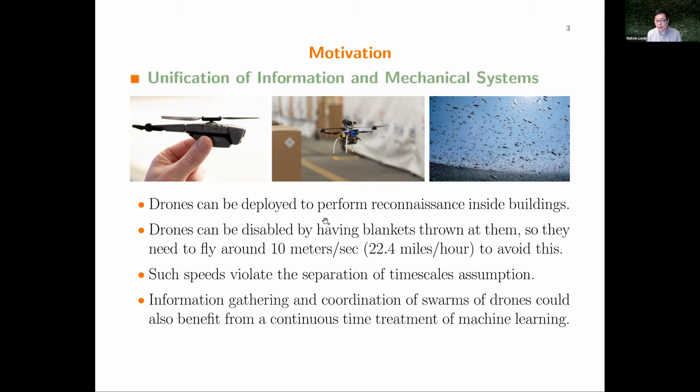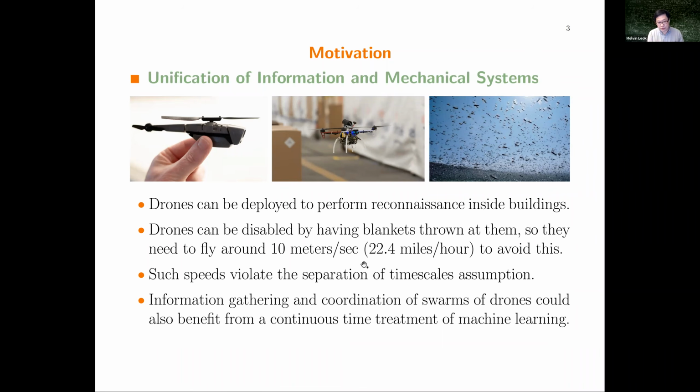All you basically have to do is throw a blanket at one of these things, and they get caught in it and crash. So they need to fly extremely fast, on the order of 10 meters per second or 22 miles per hour, in order to avoid these kinds of countermeasures being applied to them.